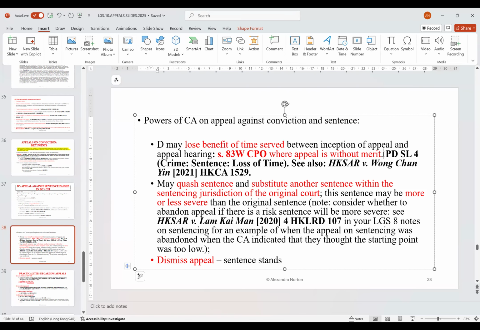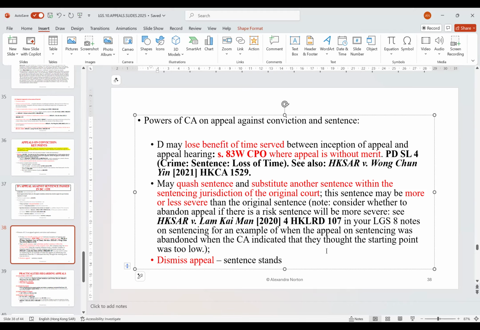So unmeritorious. But if he has good grounds of appeal, then he shouldn't be concerned about losing the benefit of time spent in custody. The Court on Appeal can quash the sentence, substitute another sentence within the jurisdiction of the original court. So your sentence could go up or it could go down, all right?